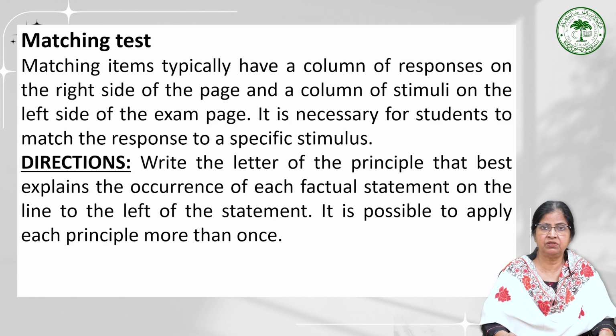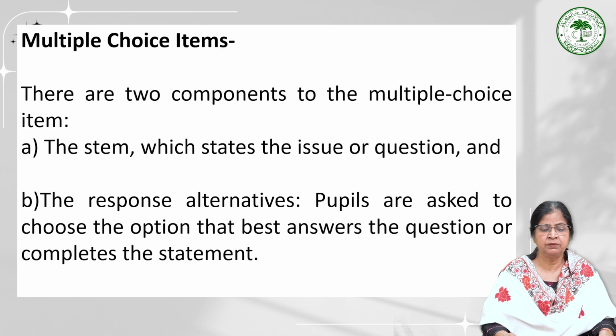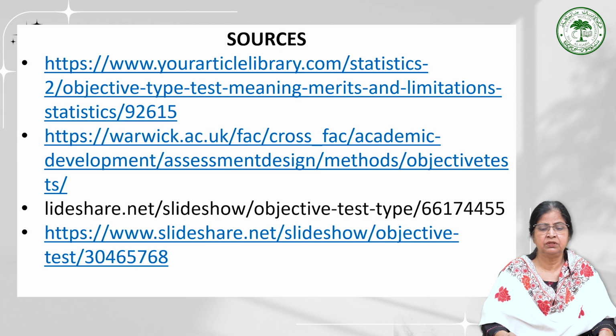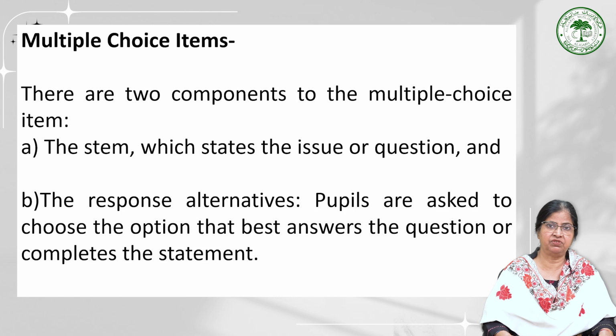Matching test, where the columns are given and a learner has to match all the items. Multiple choice, where the choices are given and a student has to put the correct alternative. So, this is all about the objective type test items.